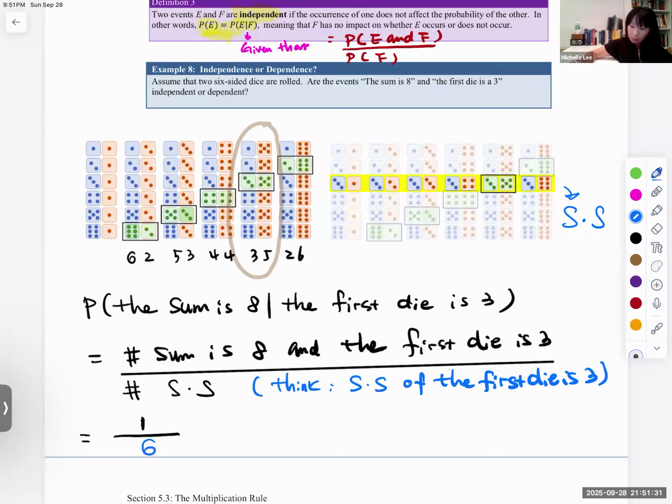And then the overlapping part, sum is 8 and first die is 3, is only one. So it's 1 out of 6, which is 0.1667.